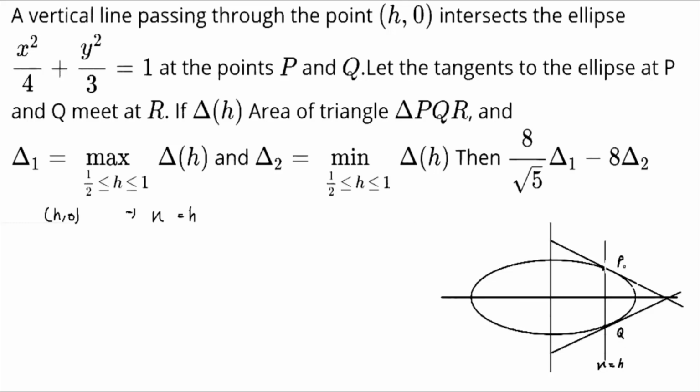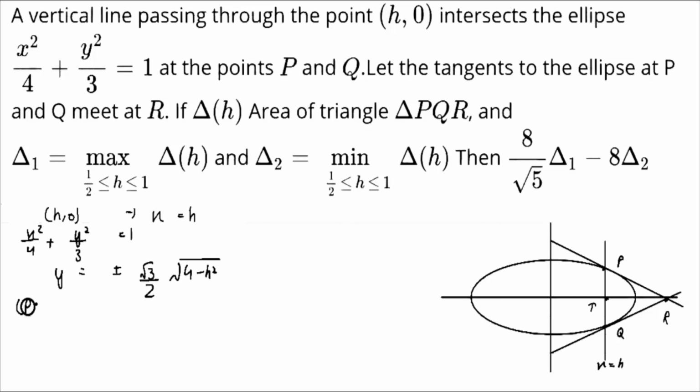Let the tangents at these points meet at the point R, and let this point be T. So from here, if we solve the ellipse x square upon 4 plus y square upon 3 equals 1 with the line x equals h, then we get y equal to plus minus root 3 by 2 into under root of 4 minus h square.